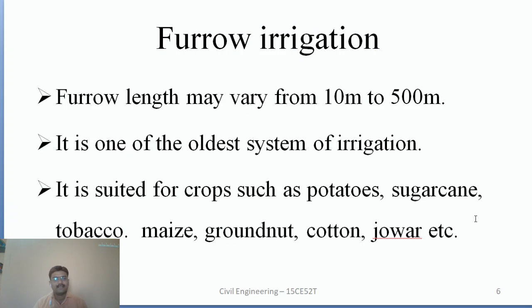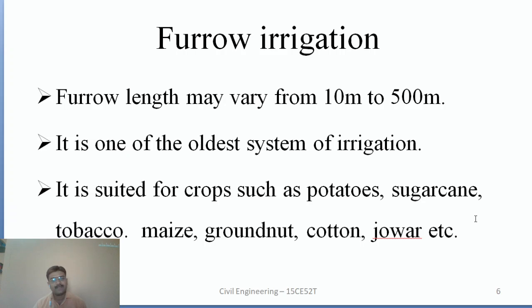Next, the length of the furrows may vary from 10 meters to 500 meters. How? When you take a field channel, there might be a number of rows, there might be 5 rows, 10 rows, depending upon the area of the field. It depends upon the area of the field, and the length may vary from 10 to 500 meters.